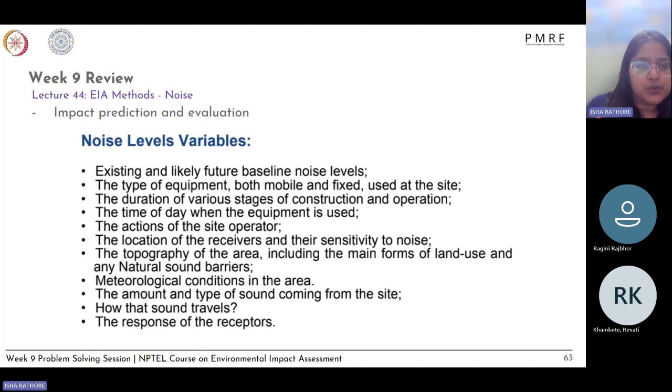Then we look at noise level variables. So existing and likely future baseline noise levels, the type of equipment, both mobile and fixed, used at site, duration of various stages of construction and operation, the time of the day when the equipment is used, actions of the site operator, the location of the receivers and their sensitivity to noise, topography of the area, including the main forms of land use and any natural sound barriers, meteorological conditions in the area, the amount and type of sound coming from the site, how that sound travels, and the response of the receptors to the sound levels which they are being subjected to.